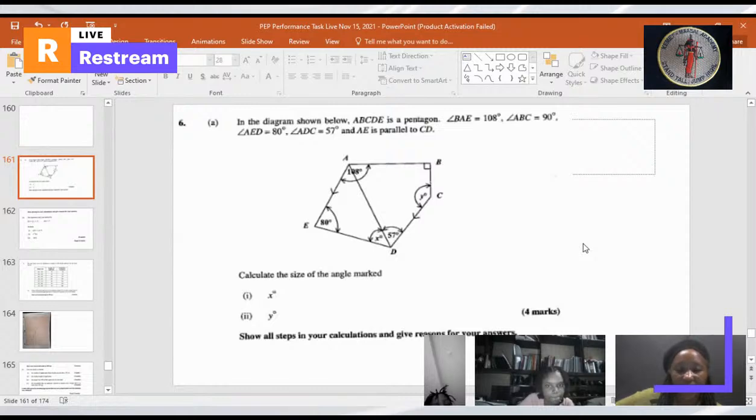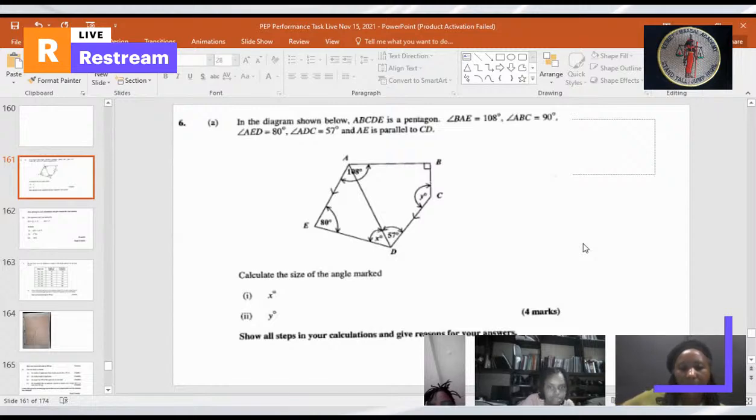So what are the three angles that we know? John said the angle at B is 90 degrees because he sees that box in the corner there. We know that one angle is 57. What's the other angle? DAB? Miss, DAB is 51 degrees.